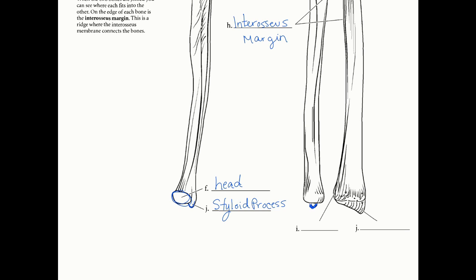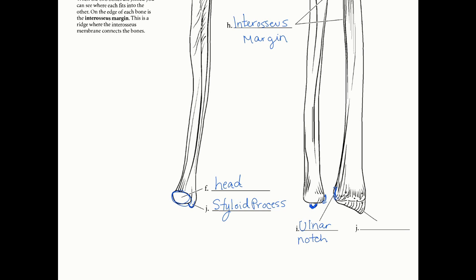We then have I, which is the ulnar notch. The ulnar notch is on the radius, and that's because that's where the head of the ulna is going to rest against.